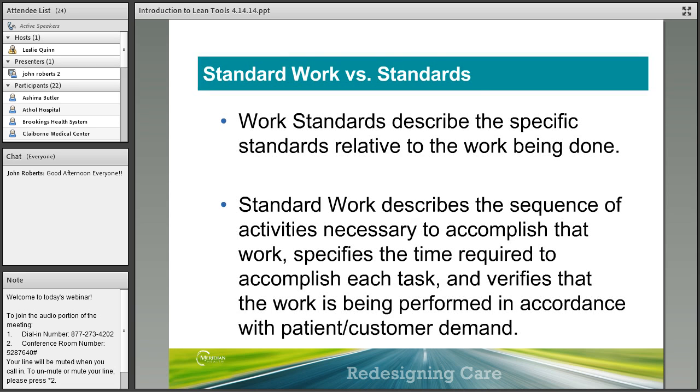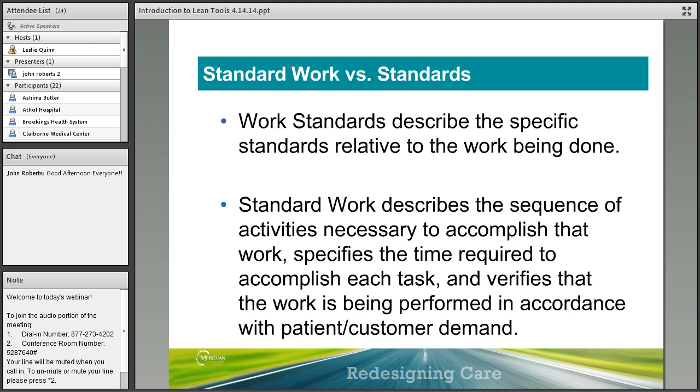Standard work, the definition really is describing the sequence of activities needed to accomplish a specific work in a specified time, and each task that's required to accomplish that, performed in accordance with the patient or customer demand.